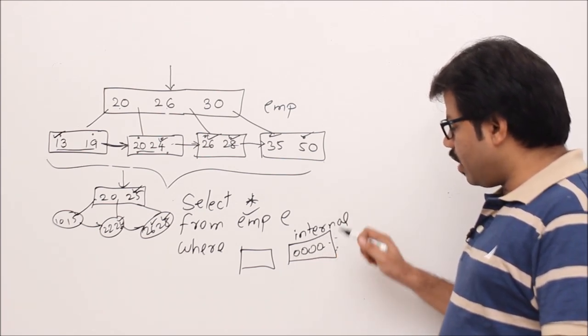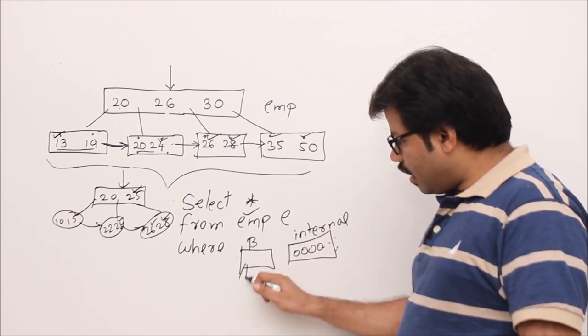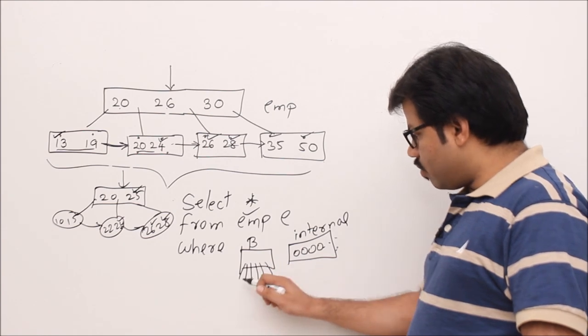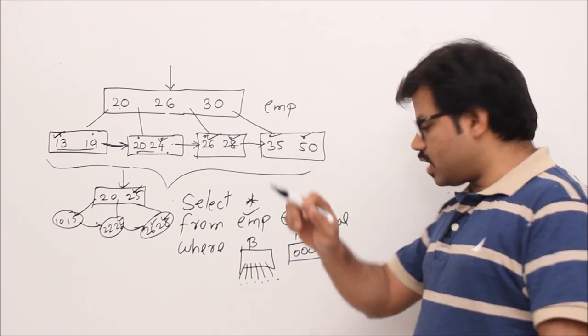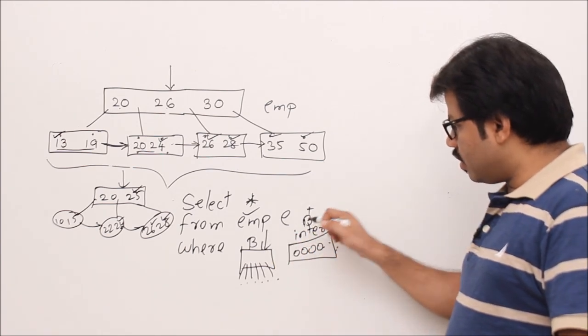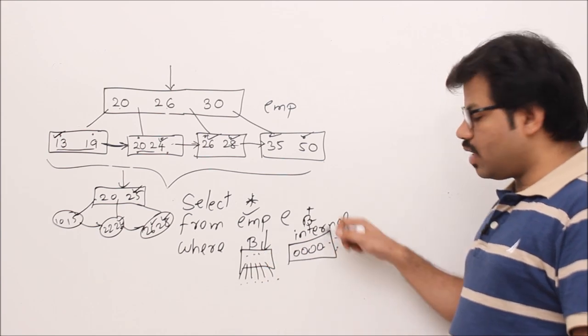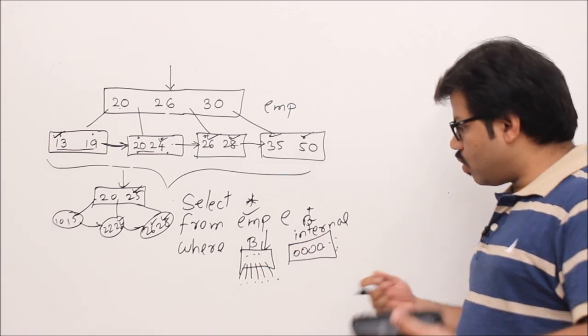That means it will be packed more than the B tree. So your B tree contains, let's say, 1 2 3 4 5 6 pointers at the root. In the B plus tree we are not maintaining record pointers, right? Because of that, we can store more keys.